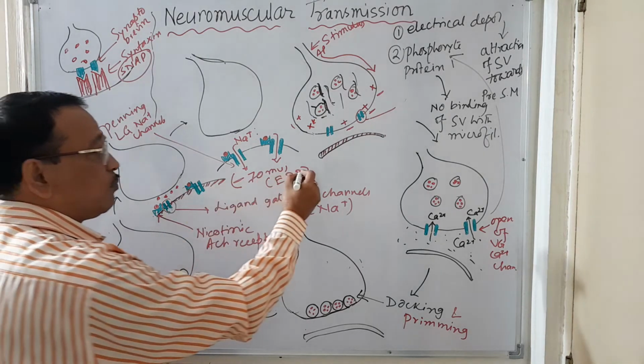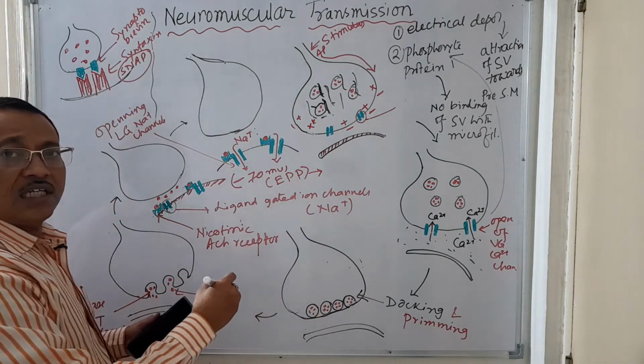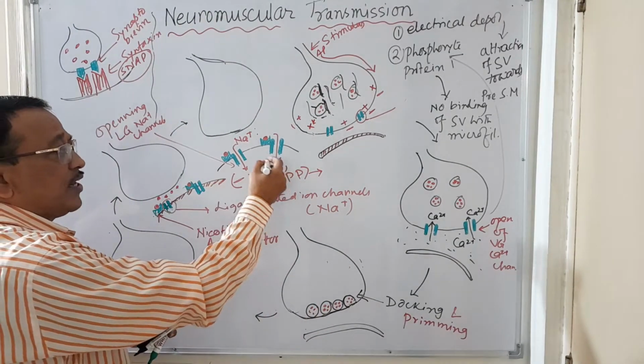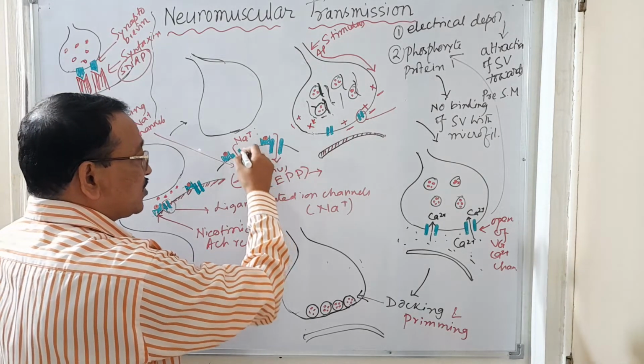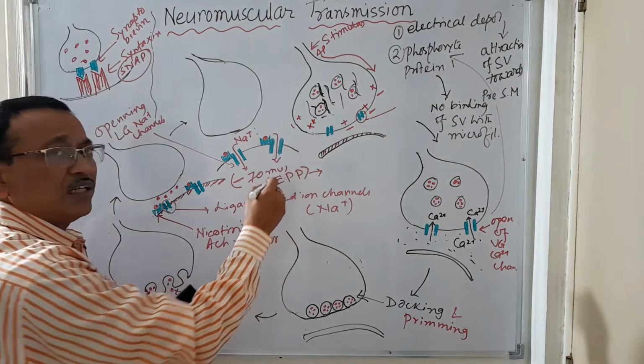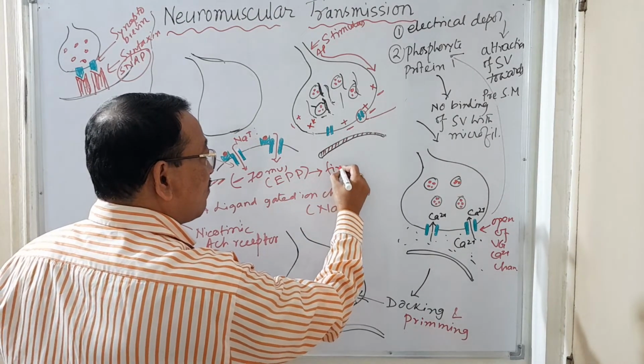So once the end plate potential is developed, what happens? There is an opening of voltage-gated sodium channels present on the muscle membrane. This acts as a firing level.